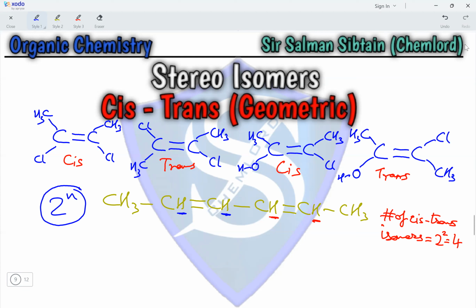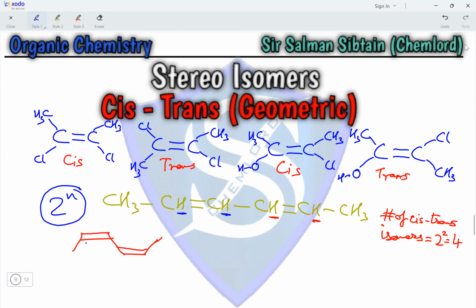Now, in order to make these isomers, let's consider their skeletal formulae. So we have two double bonds capable of showing cis-trans isomerism. So we can have an isomer in which we've got both the double bonds showing the cis conformation. So here you can see that we have this same molecule in a cis conformation. How do we know it's in a cis conformation?